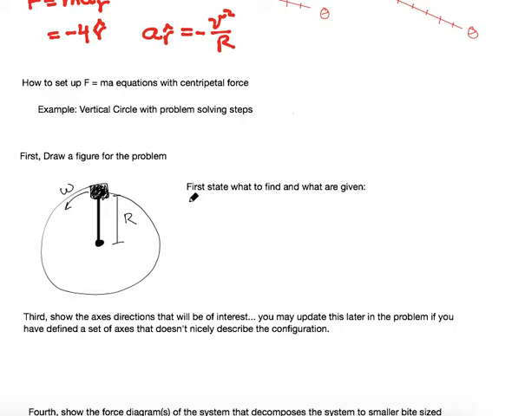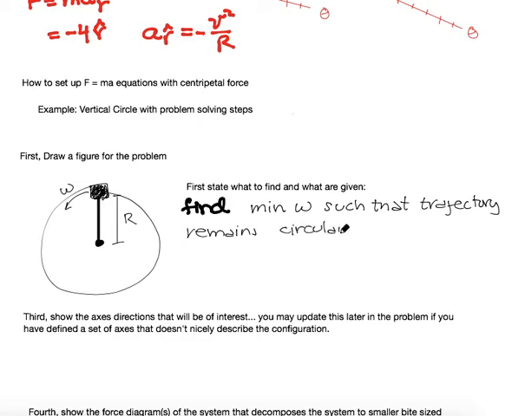I'd like to find the minimum omega such that the trajectory remains circular at the top, when the mass is at the top, given r and gravity.